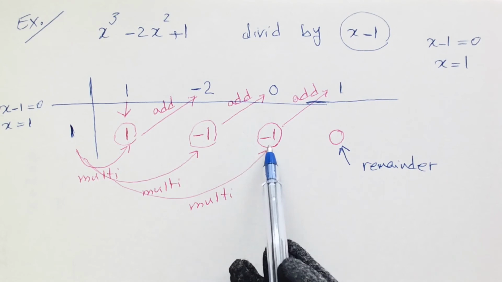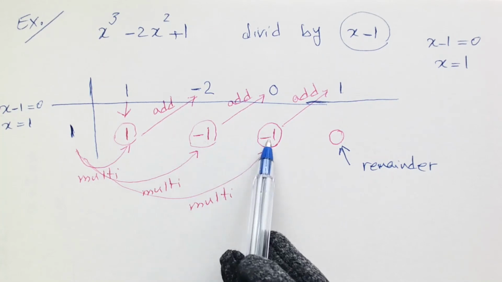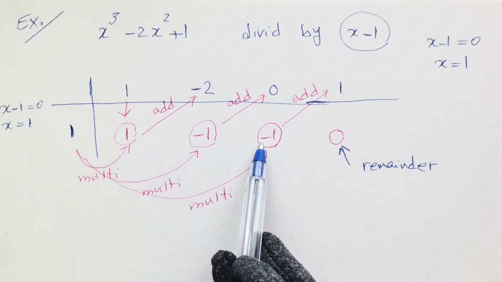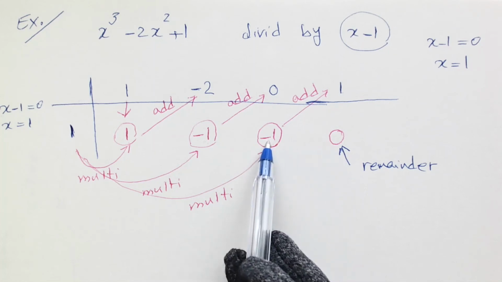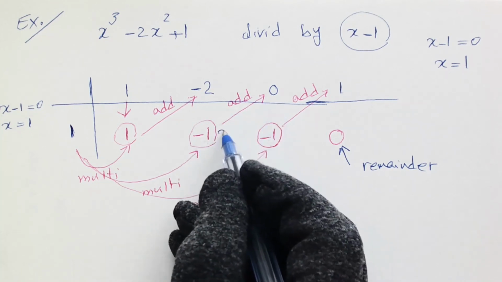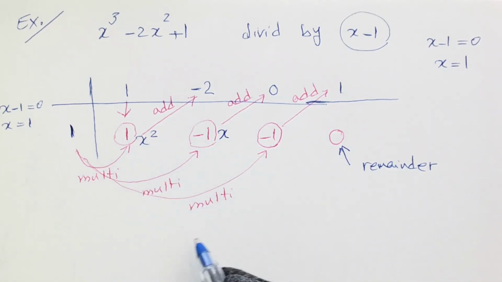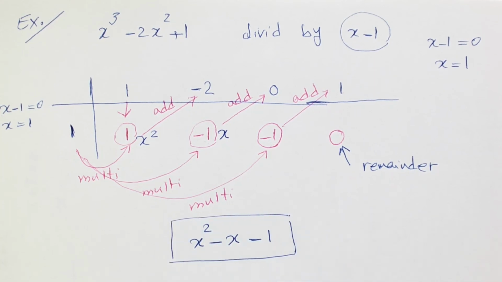Now, in the second row, we have 3 new numbers, 1, negative 1, negative 1. These numbers are the coefficients of our quotient. The first one, we said this 0 is the remainder. This one is the constant. This negative 1 is the coefficient of x, and this number is the coefficient of x squared. That means our quotient is 1x squared minus 1x minus 1. So this is our quotient.